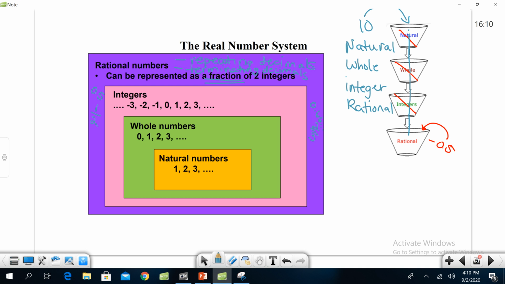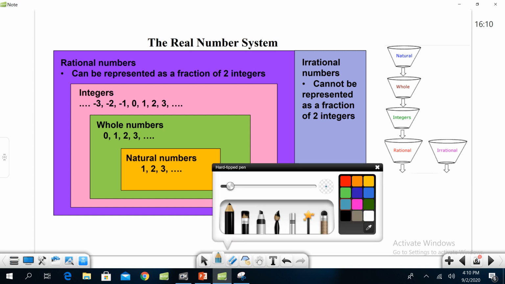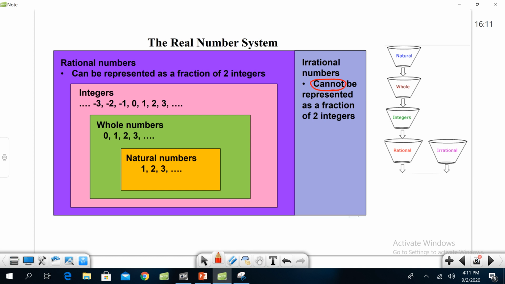So we've been working with irrational numbers, right? When we were talking about square roots that are not perfect squares. So irrational numbers are all the numbers that cannot be represented as a fraction. Just like the square root of 32. Square root of 32 is not a perfect square, so the square root of 32 is irrational.